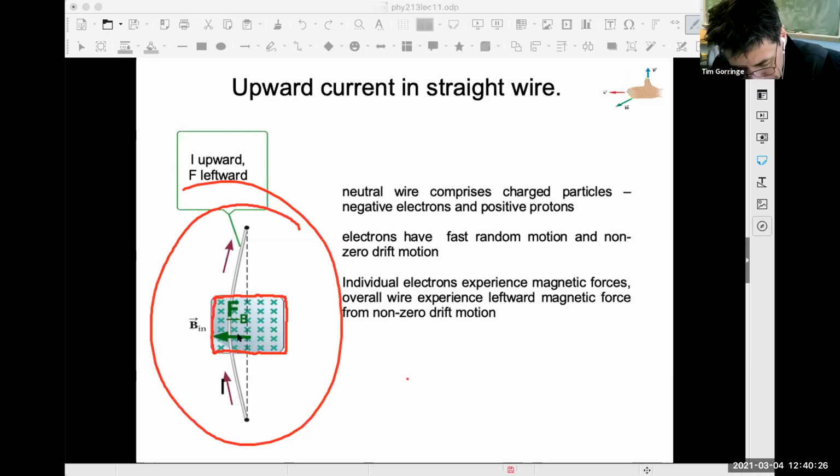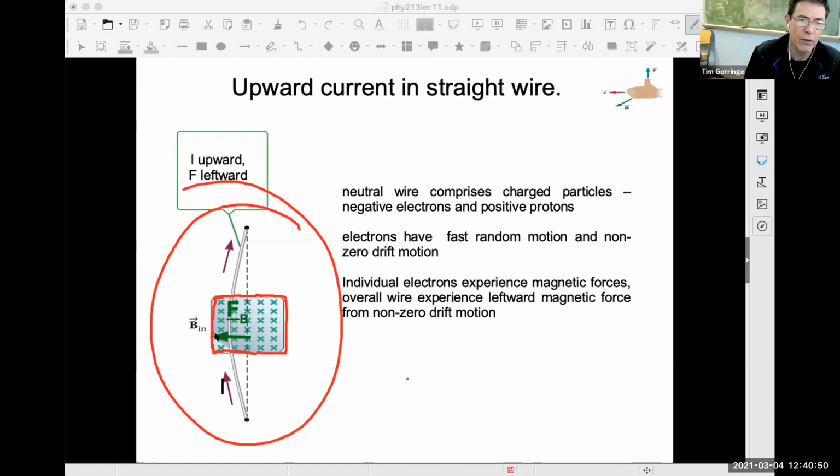And in this sketch of the conventional current flowing upwards, so the current I, the direction of positive charge carriers would be upwards. That conventional current upwards creates a force towards the left, and that's indicated here in green.